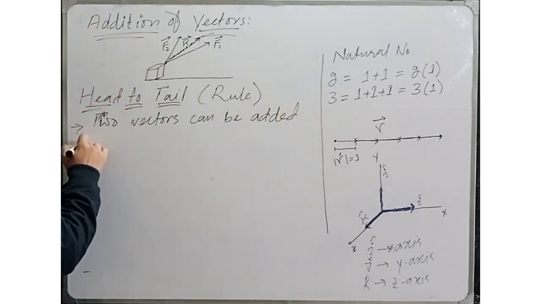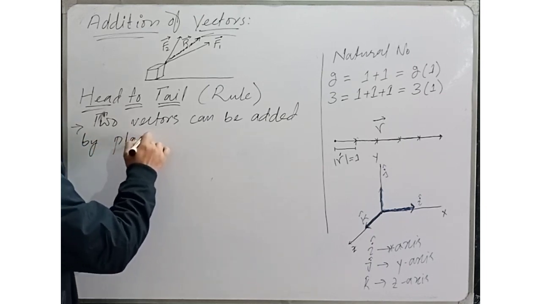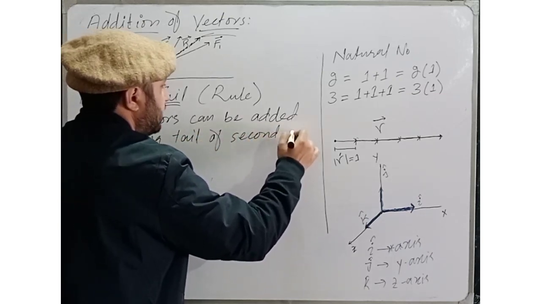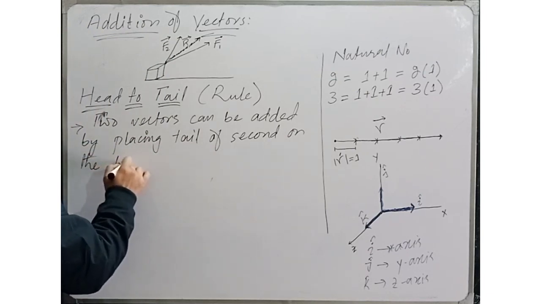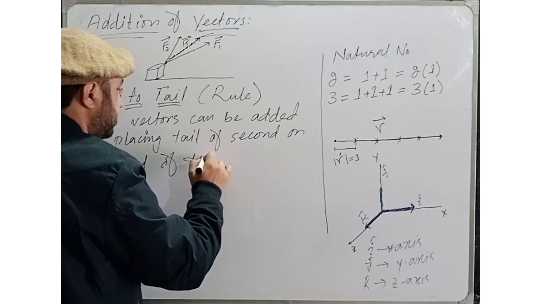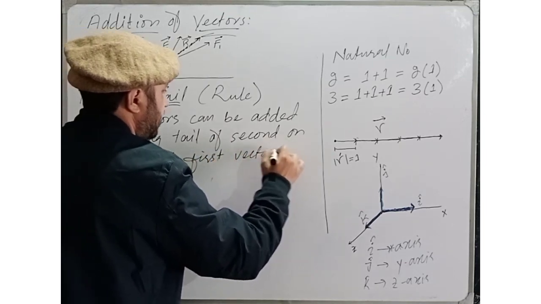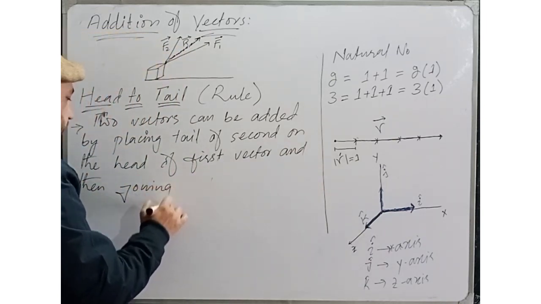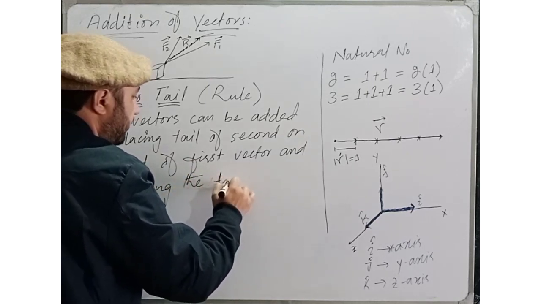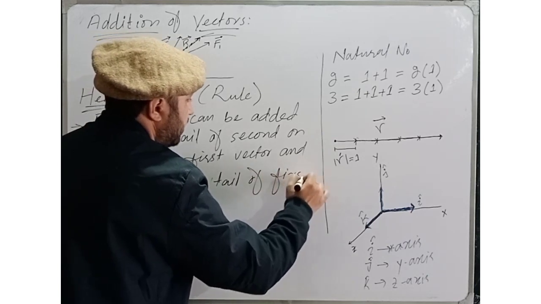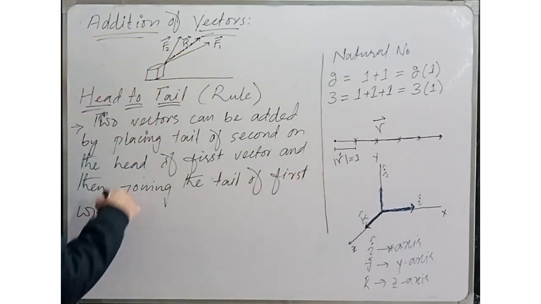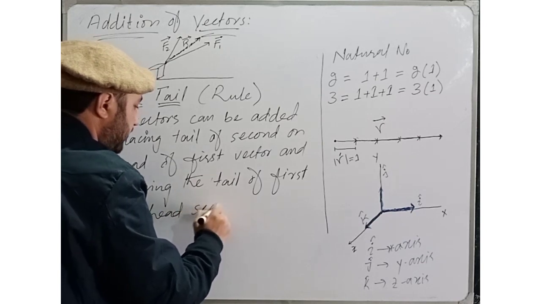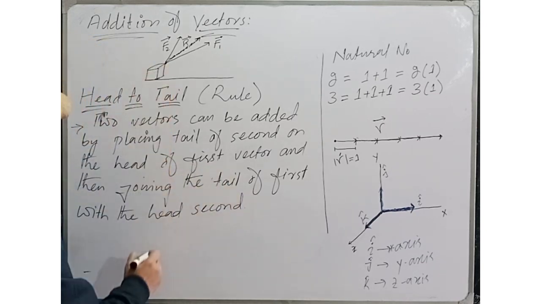They can be added by placing the tail of the second vector on the head of the first vector, and then joining the tail of the first with the head of the last, or in this case, with the head of the second vector.